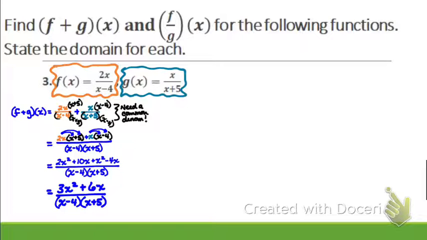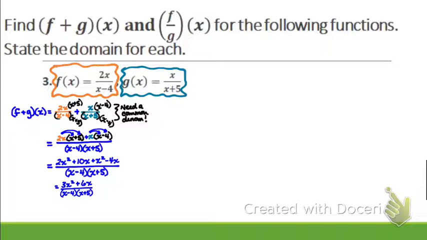Before I can call this fully simplified, because it is a fraction, I have to make sure that it's fully reduced. How can I verify that it is fully reduced? See if anything can cancel out, which means I have to have everything in its factored form so that I can verify whether or not any of these pieces can cancel. My denominator is already in factored form, so I'm going to leave that alone. Can the numerator factor at all?